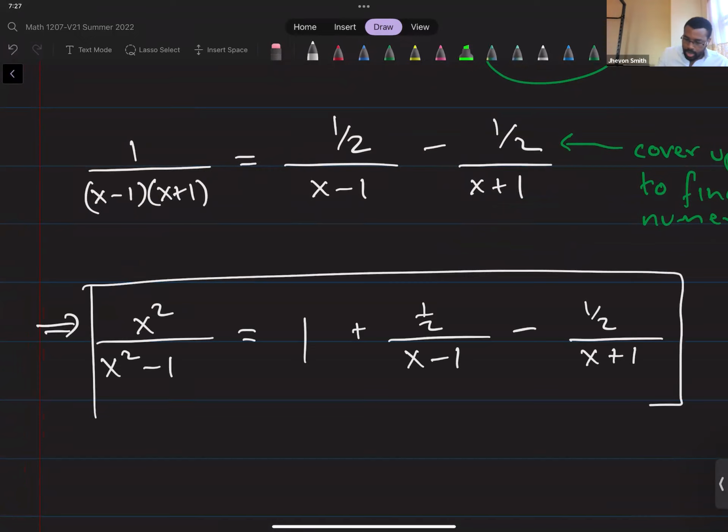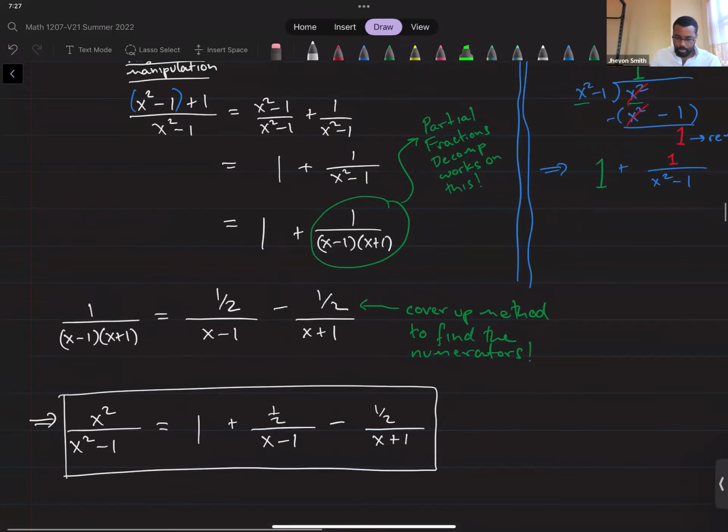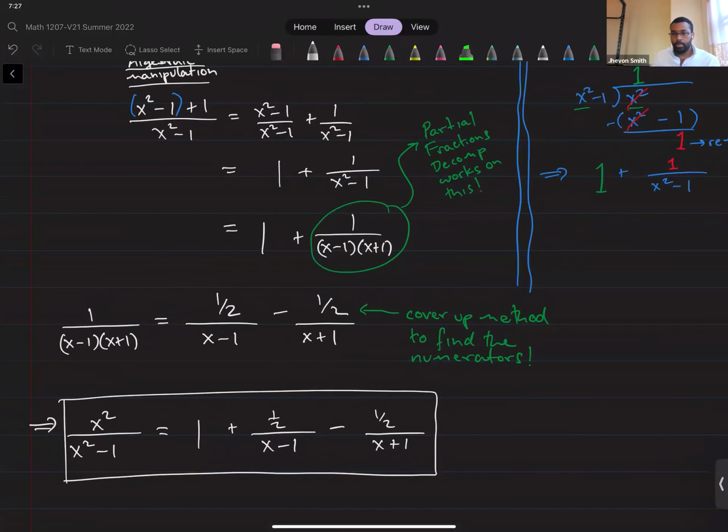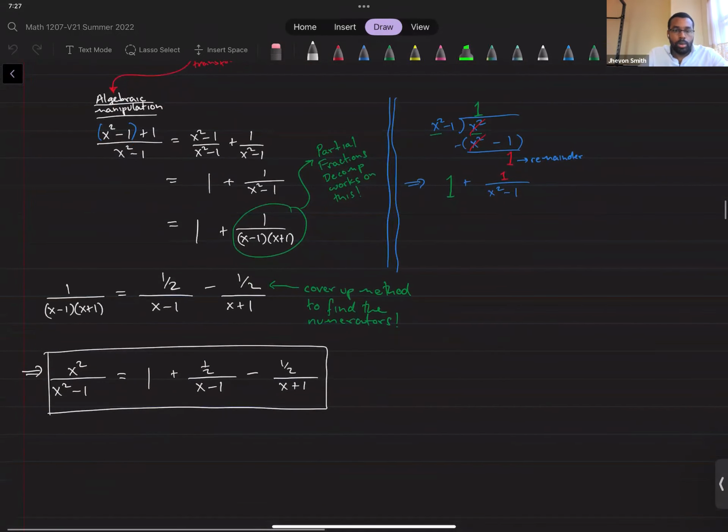And that's the partial fraction decomposition. Any questions on that one?